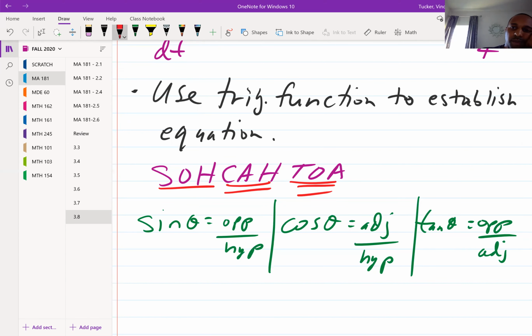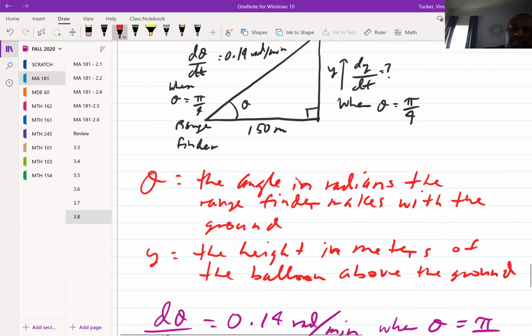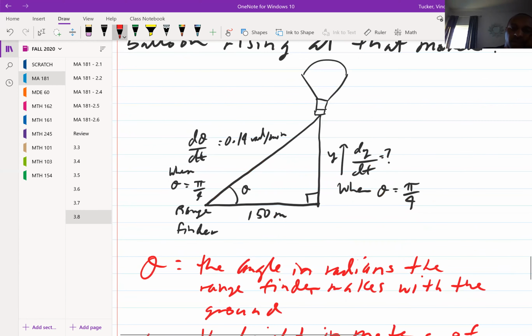All right, so we go back to our triangle and look at what we have. We have theta right here. We know the side that's adjacent to it, which is 150, and the side that we want to know is opposite to it. And of course, right here is your hypotenuse. The side that's opposite your 90-degree angle will always be your hypotenuse.